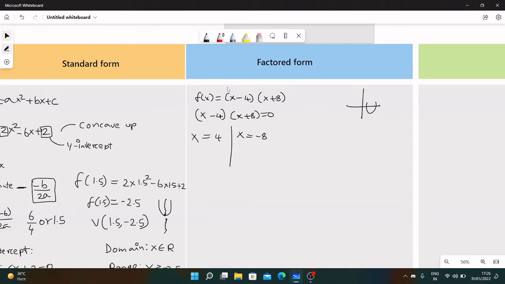To find the y-intercept, we need to make the input of the function 0. So basically, we need to do f of 0 equals 0 minus 4, 0 plus 8. You might ask me, why 0? Because the y-intercept is basically when the parabola goes through this point.